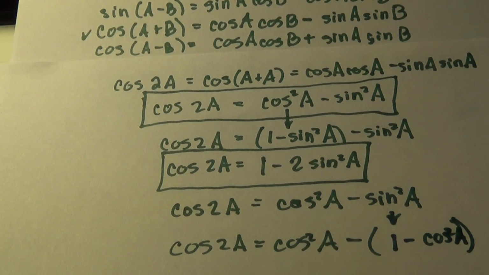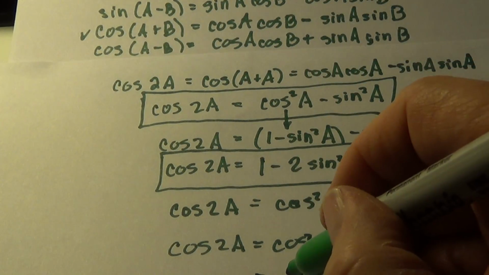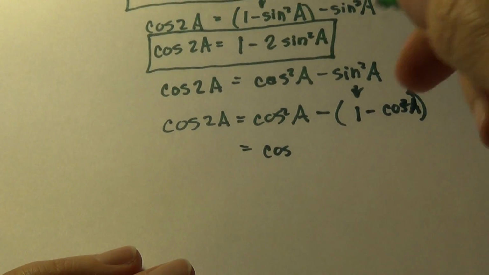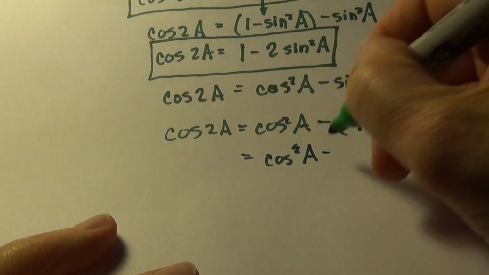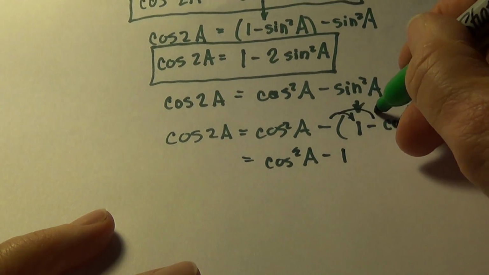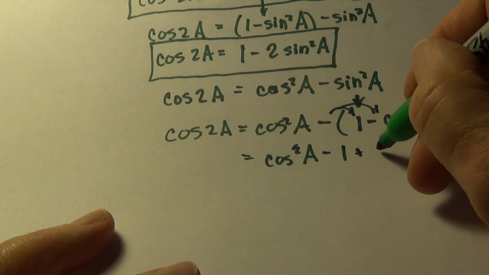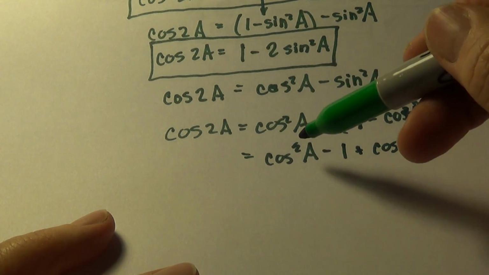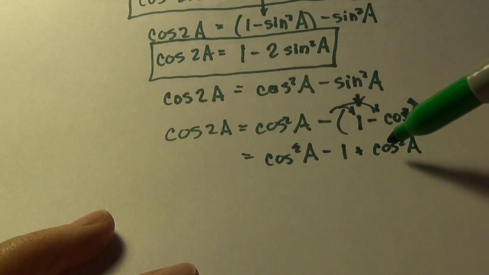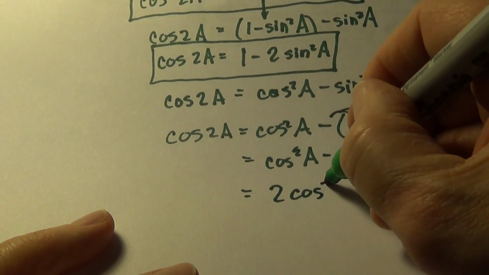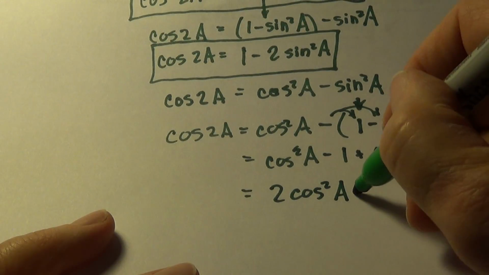Alright, so let's clean it up a little bit. Cosine squared a minus 1. This gets distributed to both terms. So we have a plus cosine squared a. Now we have cosine squared a and a cosine squared a added together, and a minus 1.